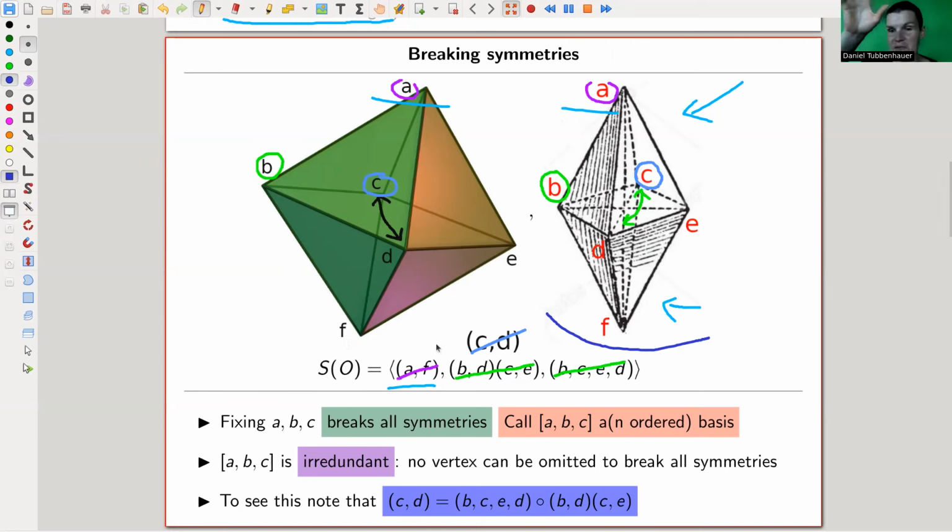Obviously, if I fix all vertices, the symmetry will be broken, but the basis is kind of the minimal one. And that's why it's called irredundant, if you can't omit anything, right? Of course, I could fix A, B, C, D, E, F, but that's not irredundant. Okay, so I want an irredundant basis of this thing. It's kind of the minimal number of symmetries I need to break in order for there to be no symmetries at all anymore. And this is my breaking symmetries game.